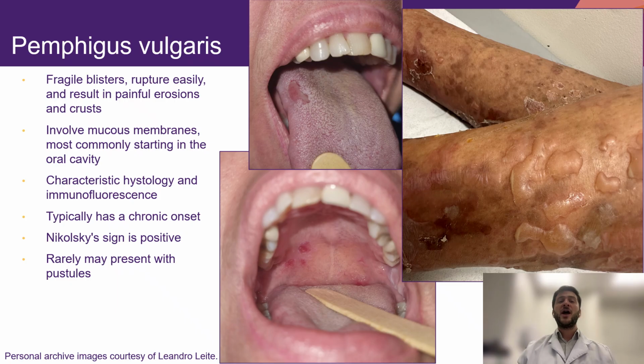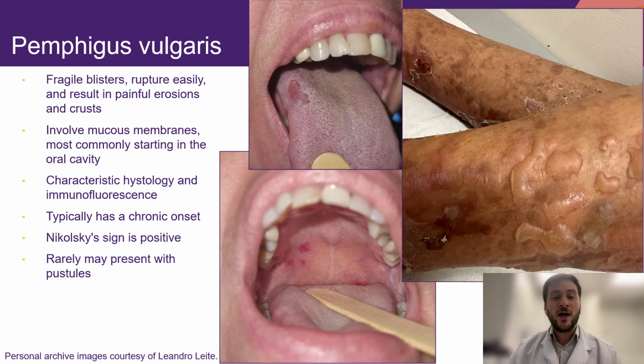Sometimes you can have the formation of pustular lesions on pemphigus vulgaris, and this time it can mimic a generalized pustular psoriasis. But you have some differences that can easily distinguish between these two diseases.